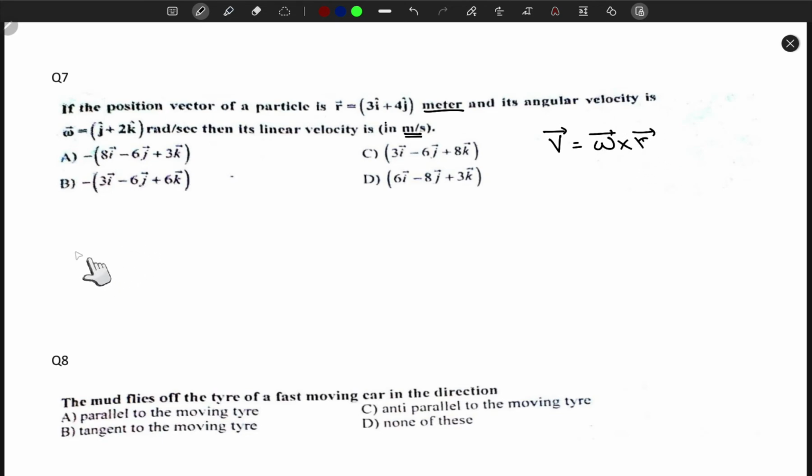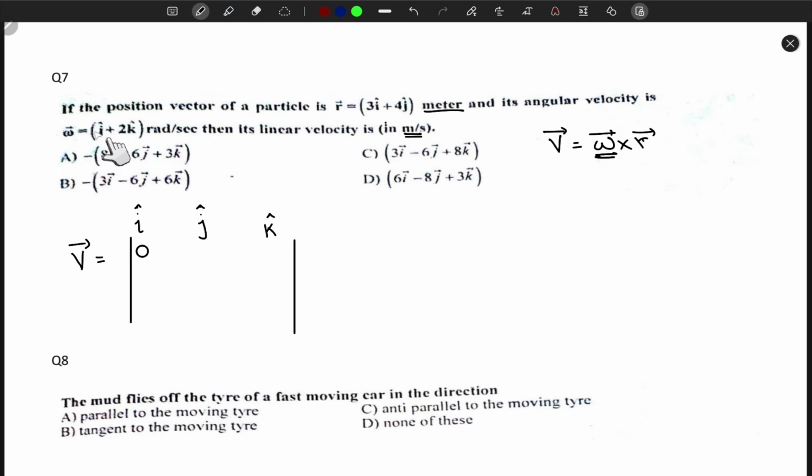We can simply write this as v is equal to, as a determinant, and then you have i hat, j hat, and then here we have k hat, right? Now let's write the corresponding, first we'll put the values of omega. So look at omega, it is 1 j hat plus 2 k hat. So we don't have any i hat component, which means that we'll put a 0 in place of i hat. So here we are writing in this first row the values of omega, first we have omega, right, in the cross product.